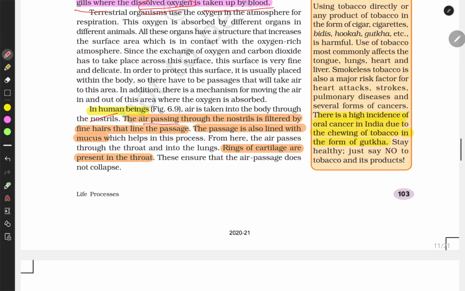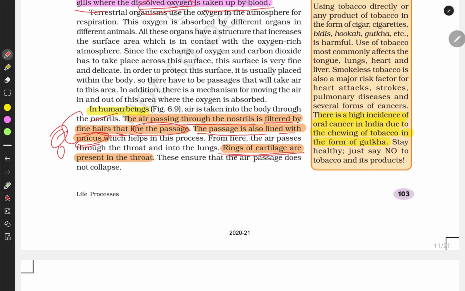In human beings, the air passing through the nostrils is filtered by the fine hair that lines the passage. The passage is also lined with mucus, which helps in capturing big particles, so that the air we breathe is pure.